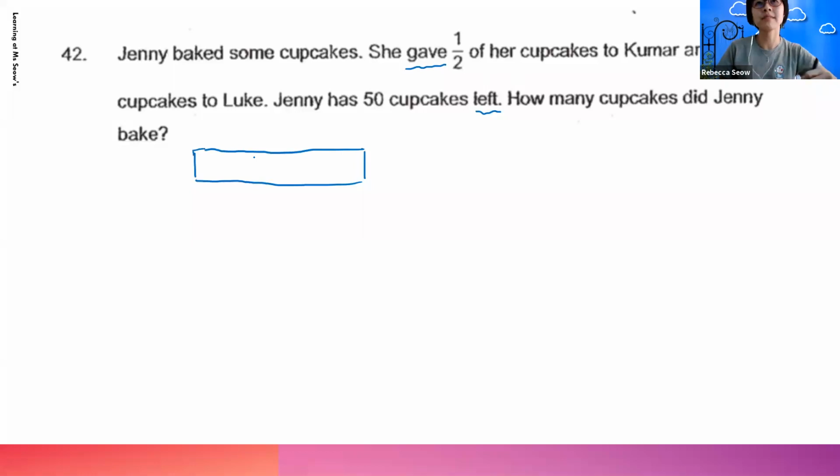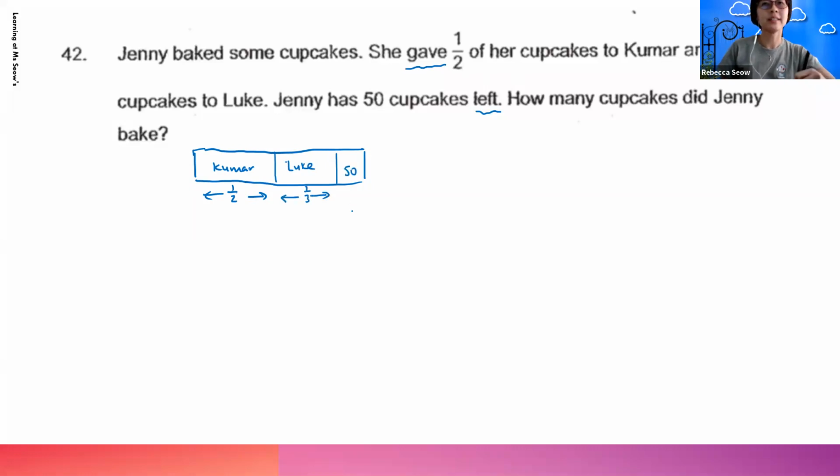She gave half to Puma, and then she gave 1/3 to Luke, and she has 50 left.